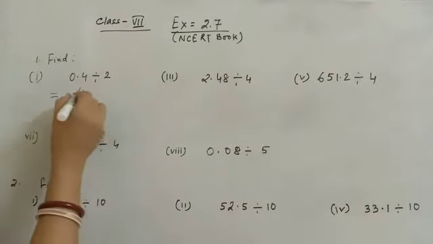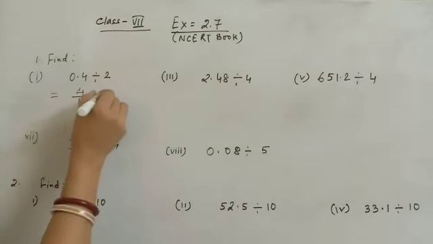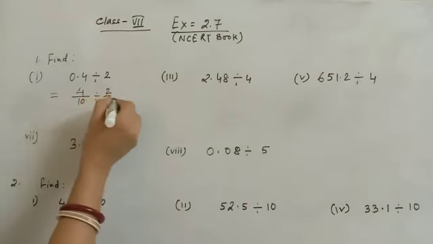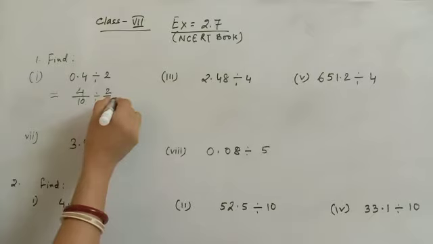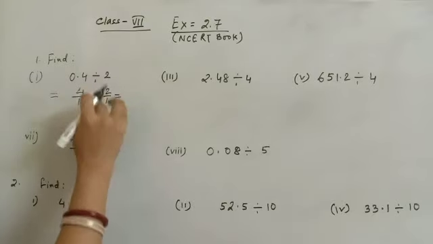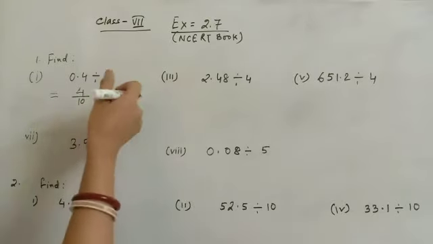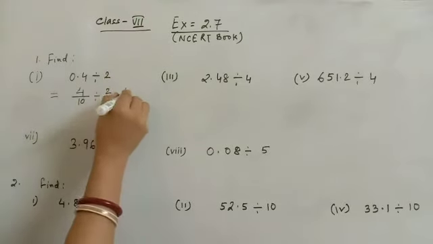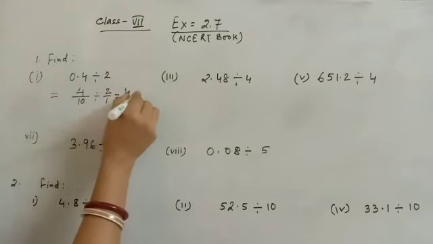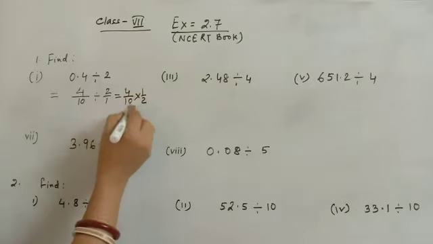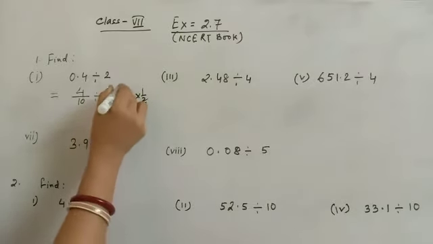So no problem. 4 by 10 divided by 2 by 1, and you know that when you are dividing, the divisor will become reciprocal. So 4 by 10, you have done this before also, 1 by 2. So if you cancel, you will get 2.